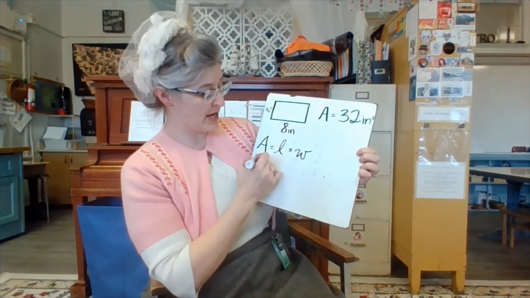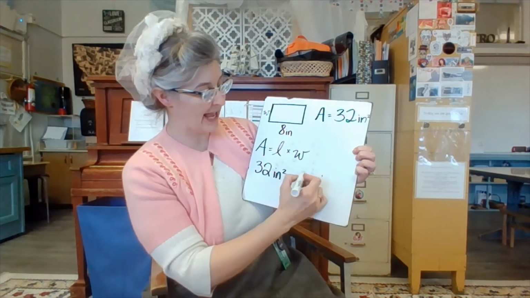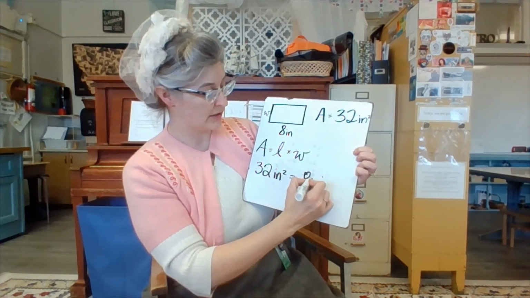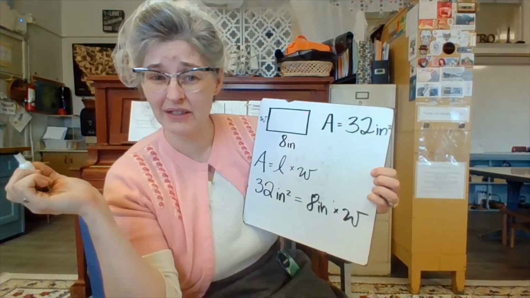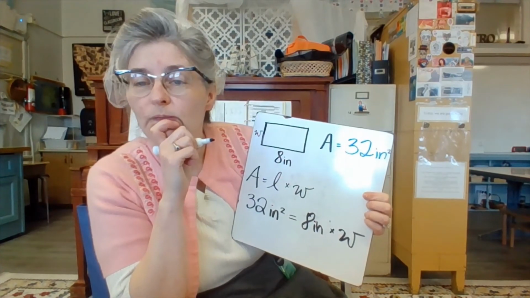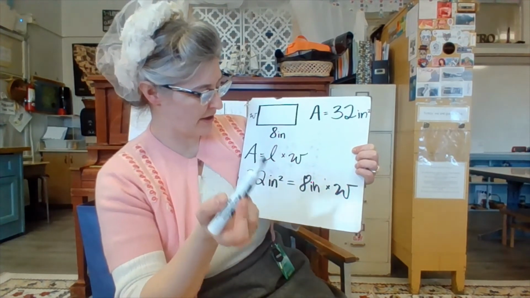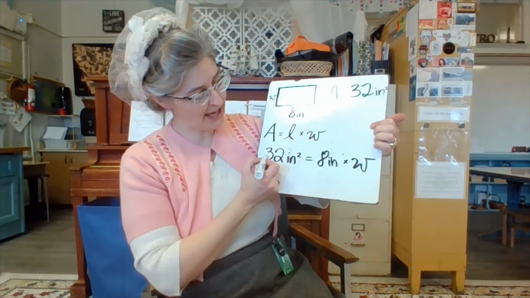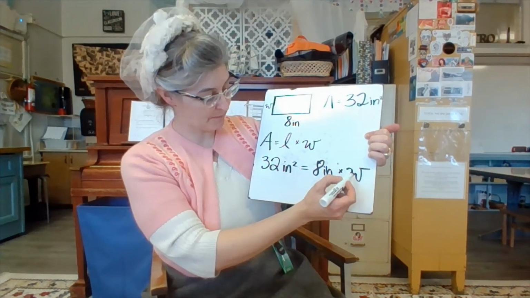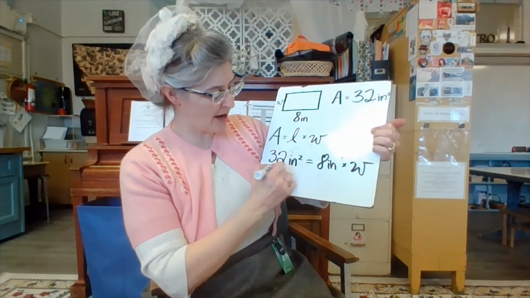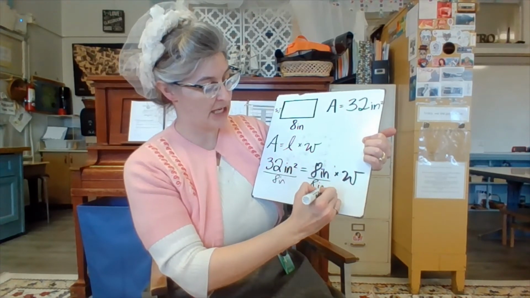I know the area is 32 inches squared equals length 8 inches times width, but I don't know what the width is. Oh, wait, let's think about this. Instead of just multiplying these together, if I divide 32 by 8, it will tell me what the width is. So 32 inches squared divided by 8 inches.